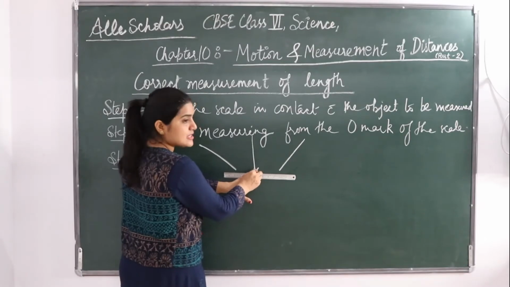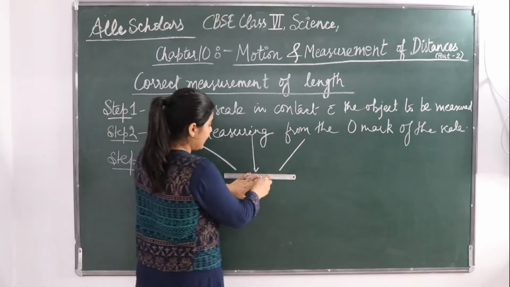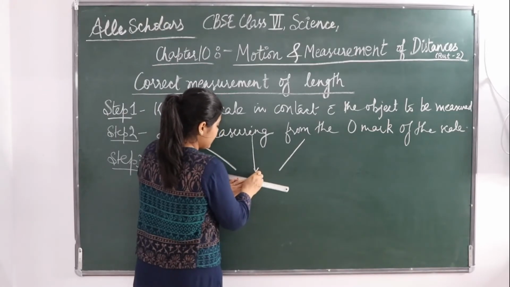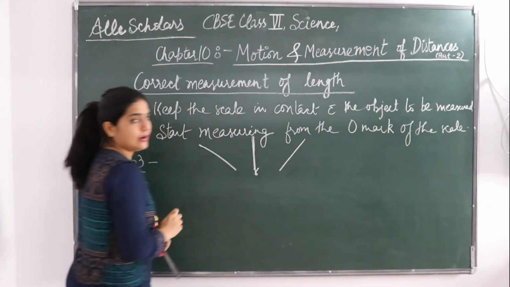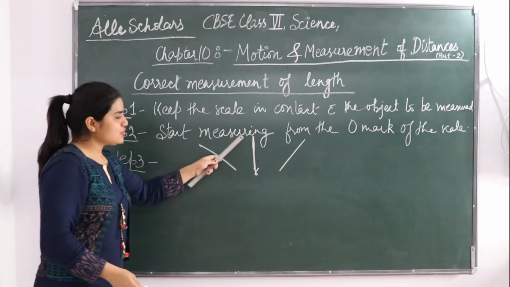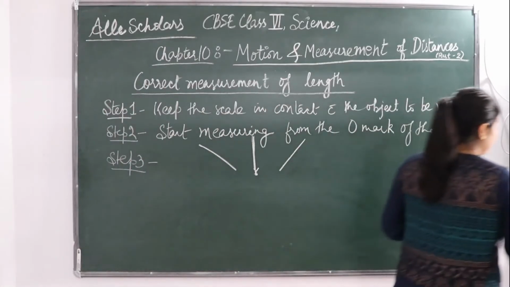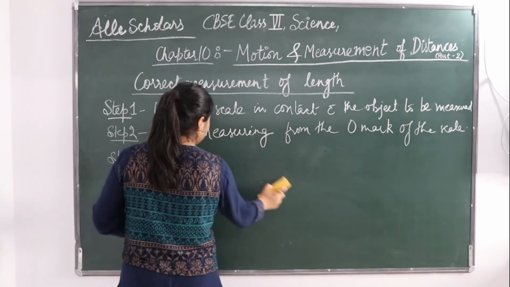So the eye must be exactly above the point where the measurement is to be taken. You have to take the measurement here. So the eye should be exactly above that point. It should not be from the left side or the right side. The eye should be exactly above the position to be measured. Okay.